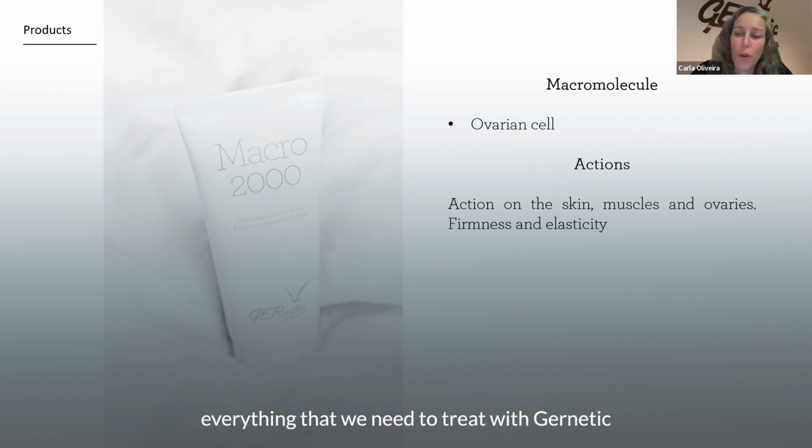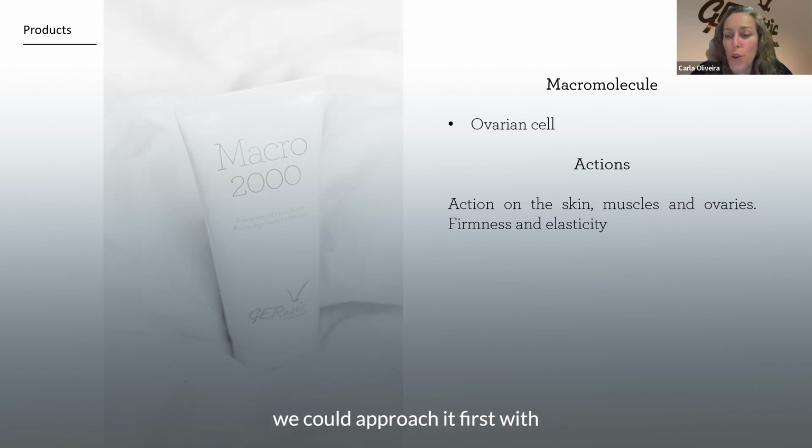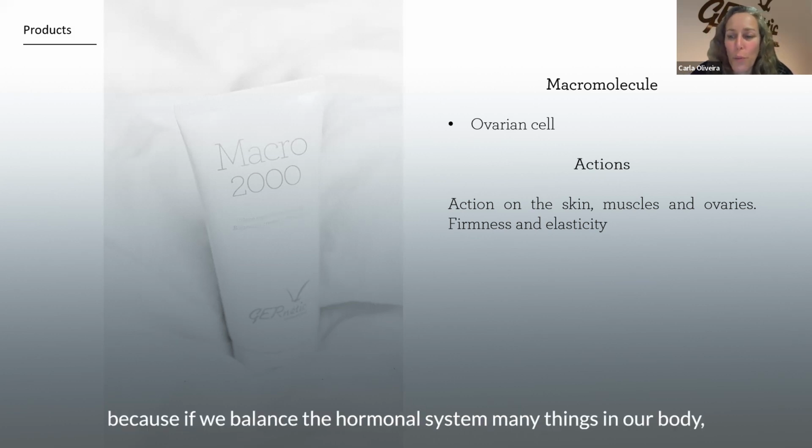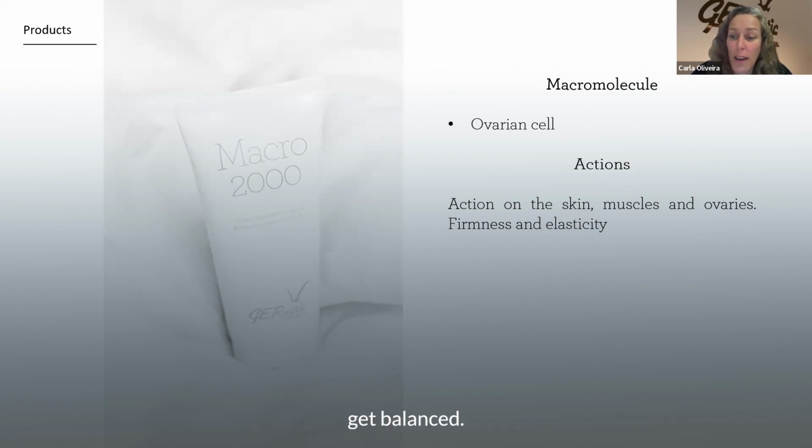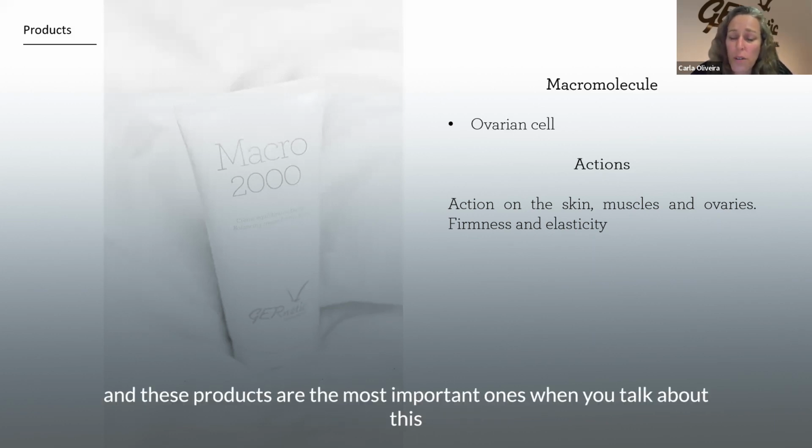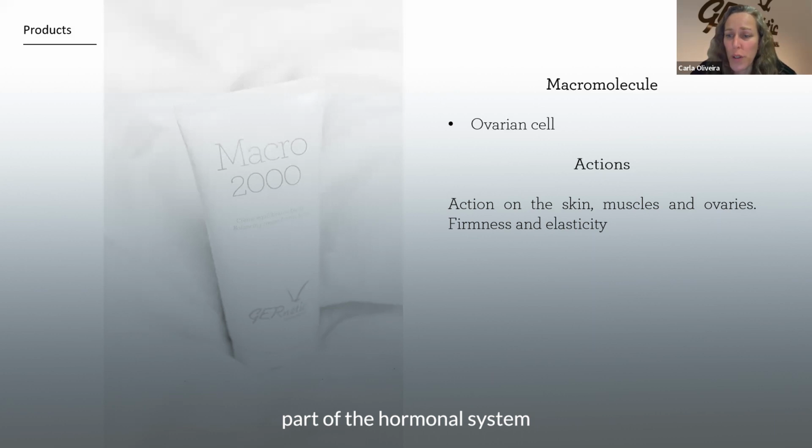Everything that we need to treat with genetic, we could approach it first with this group of products, because if we balance the hormonal system, many things in our body get balanced. So we have Cyno, Endo and Macro 2000, and these products are the most important ones when we talk about this part of the hormonal system.